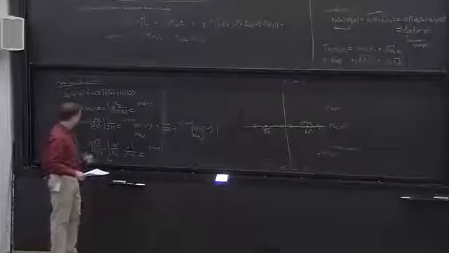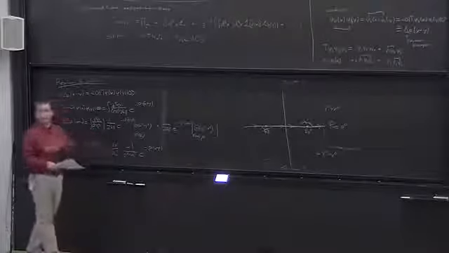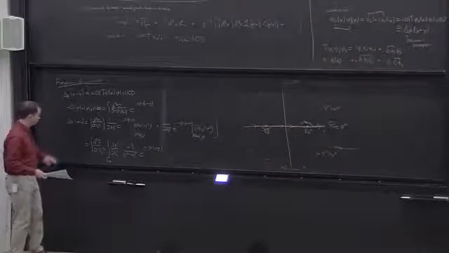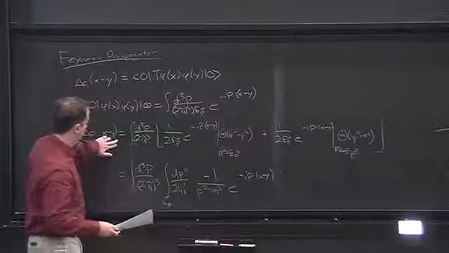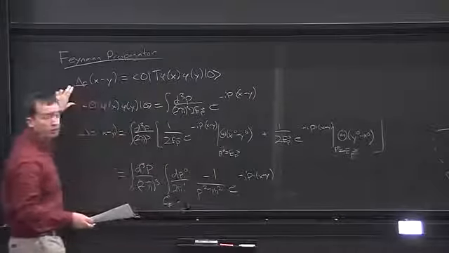This minus sign takes care of whether we're going clockwise or counterclockwise around the pole. So this expression is equal to this one, which is just what you computed in your tutorial.